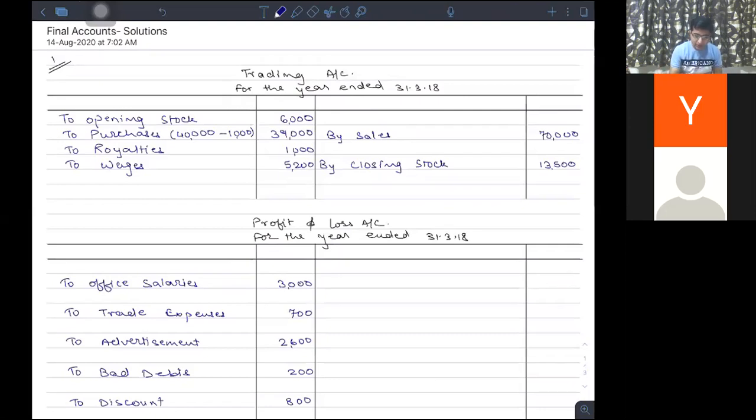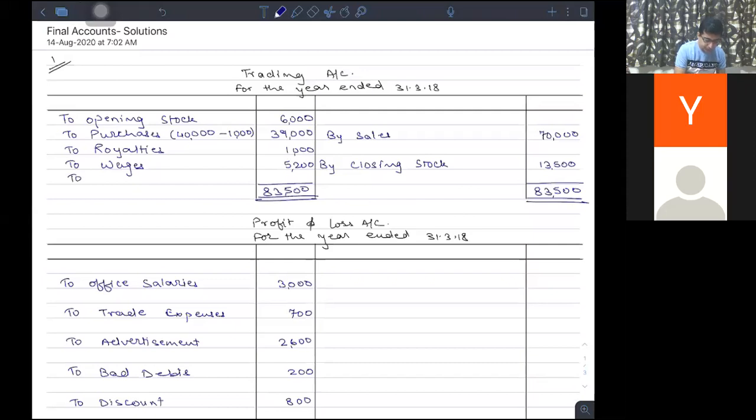Trading account credit total comes to 83,500, whereas debit total will remain at 83,500. As the credit is more than debit, that means there is a gross profit.